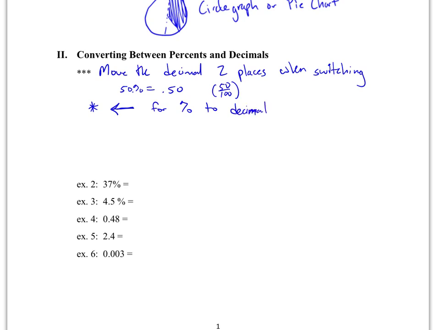So if they give you a percent and they ask you to go to a decimal, move the decimal to the left. You're going to move right for decimal to percent. So if you're given a decimal and you want to go to a percent, you're going to move to the right.